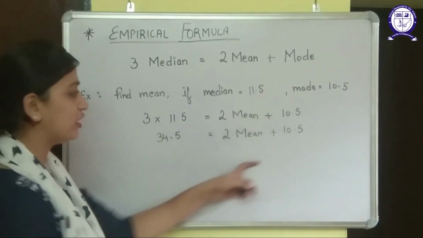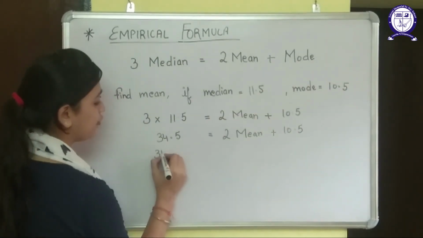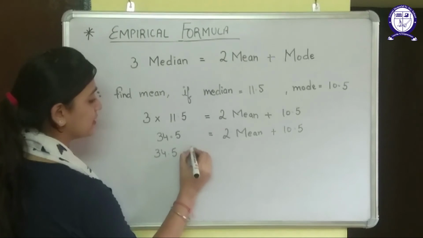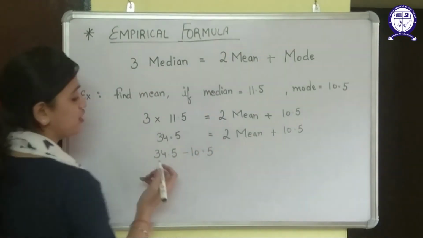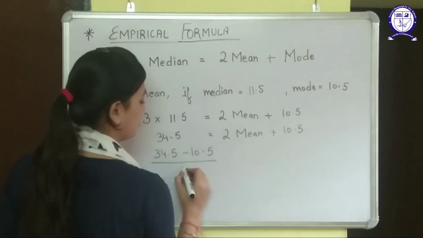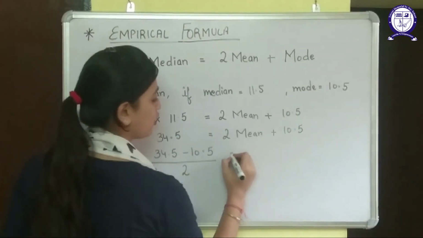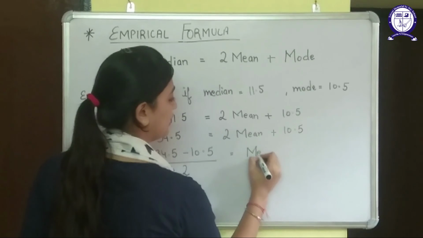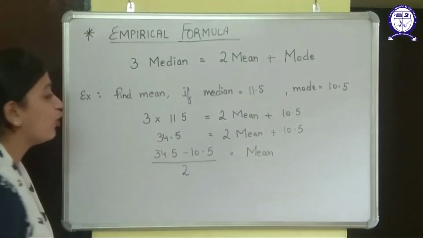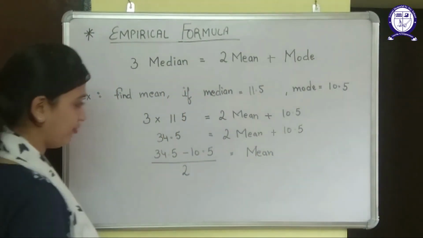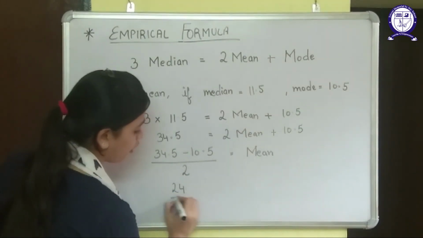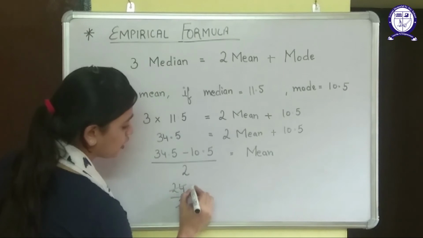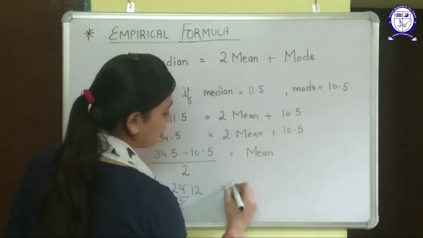Now 10.5 will come on this side. 34.5 minus 10.5 and 2 will come in the division. So it will be my mean. Now solving it, 34.5 minus 10.5, it will be 24 upon 2, that is 12. So my mean will be 12.